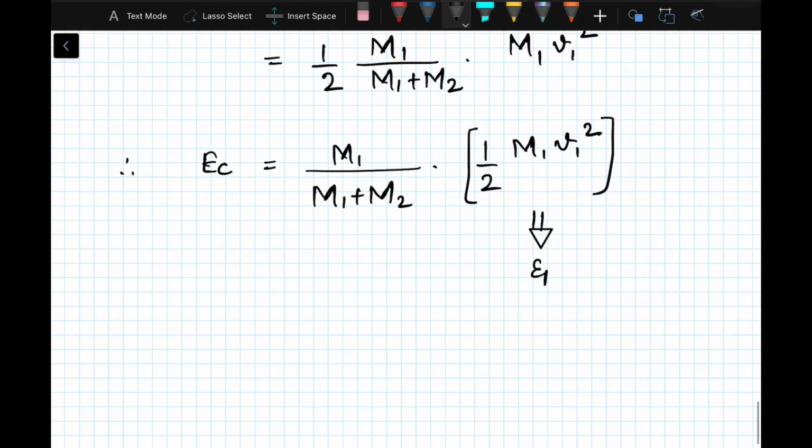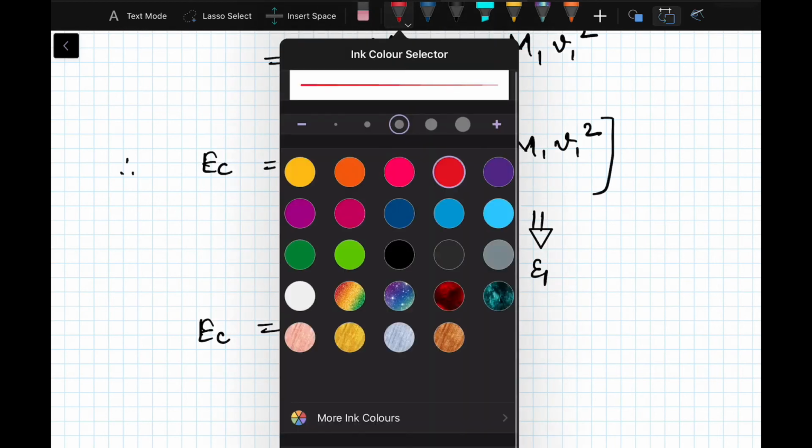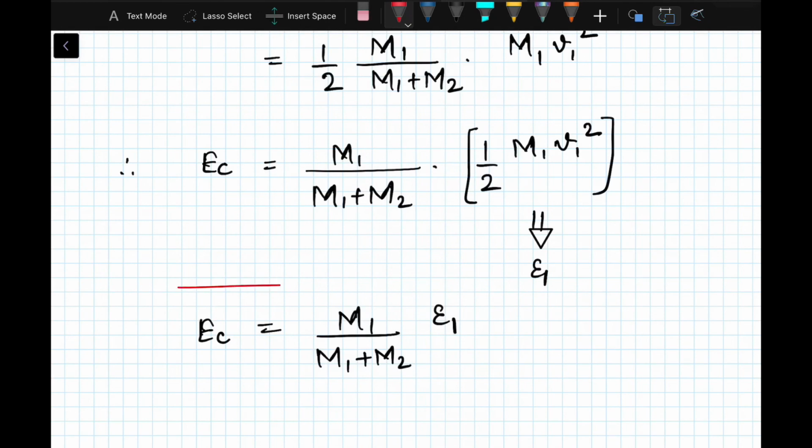So we can write EC as m1 over m1 plus m2 times epsilon 1, and this is the connecting relation between the kinetic energy in the center of mass frame and the laboratory frame.